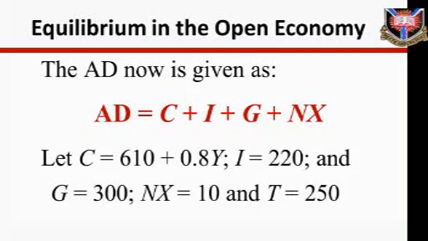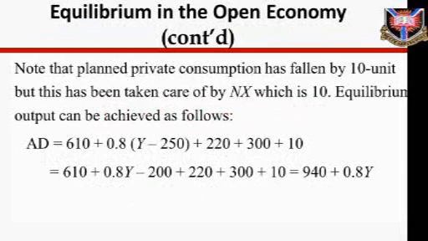Let C equal 610 plus 0.8Y, I equal 220, G equal 300, NX equal 10 and T equal 250. Note that planned private consumption has fallen by 10 units, but this has been taken care of by net export, which is 10.